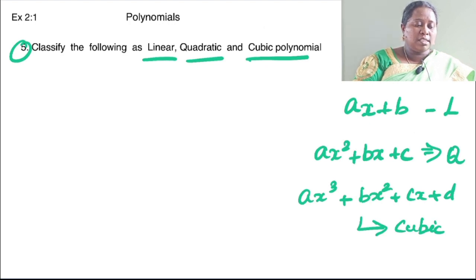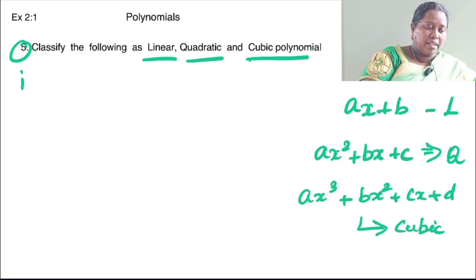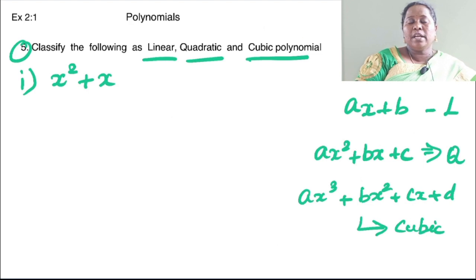Let me check what the sums are. Here in the fifth sum, first question, take your book, page number 32, fifth question. First subdivision: x squared plus x. What is the degree of this polynomial?